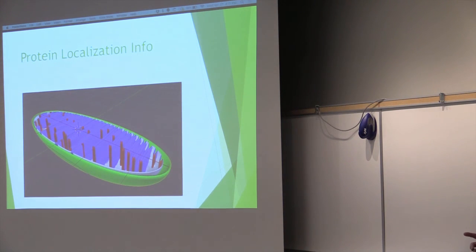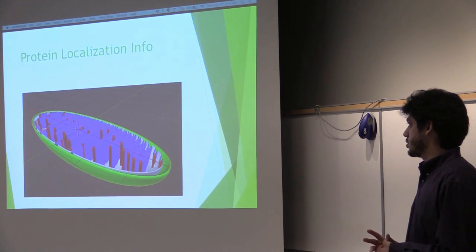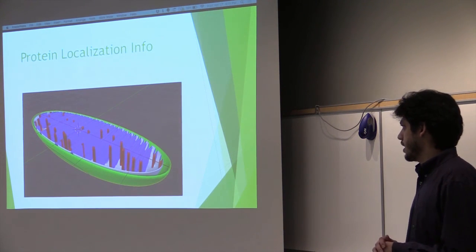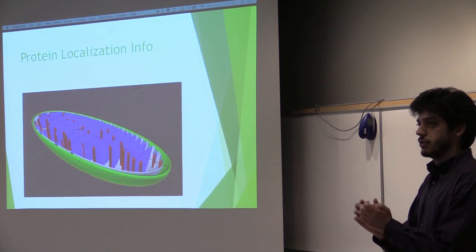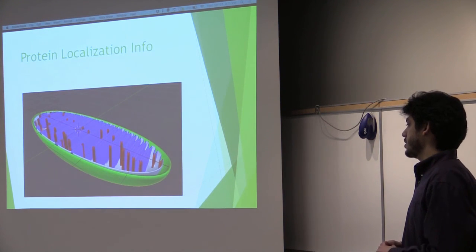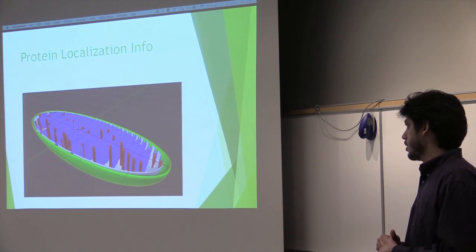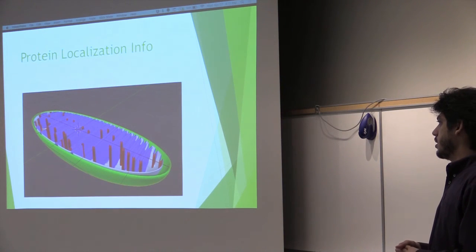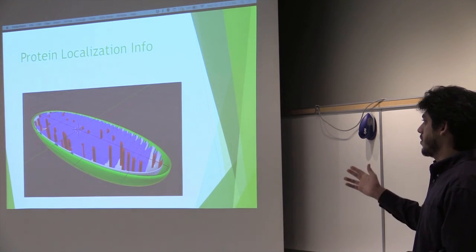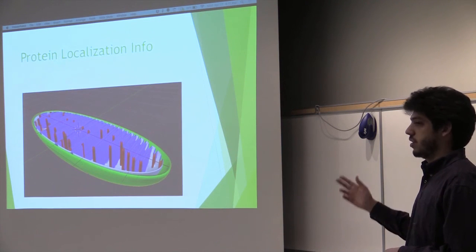You can see here that the red areas are the pinched region of the cristae, and that's where ATP synthase dimers would go to pinch in the cristae. The blue region is where ETC proteins would go. The green is the outer membrane, and the white area is everything left over in the inner membrane.